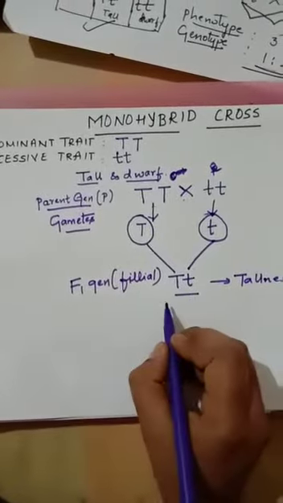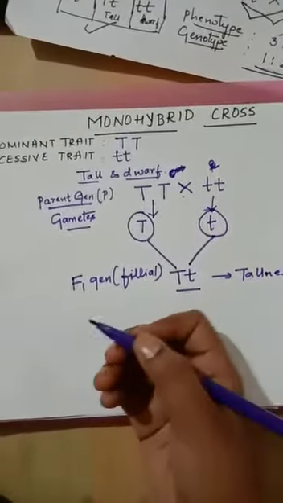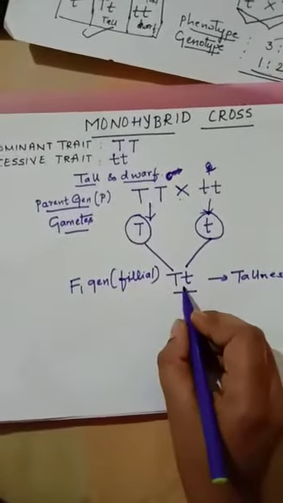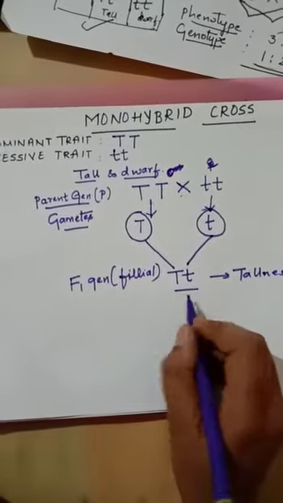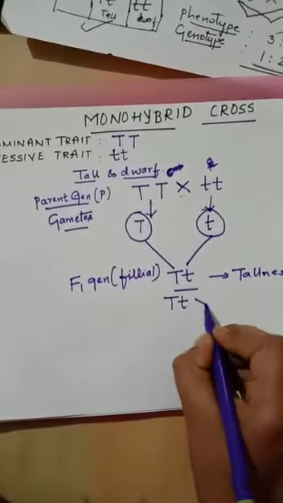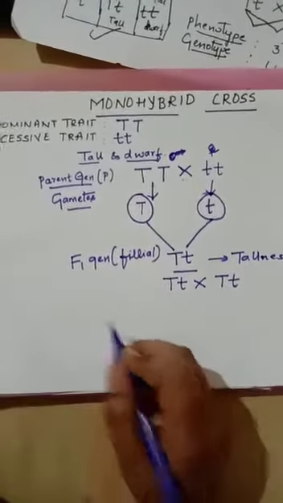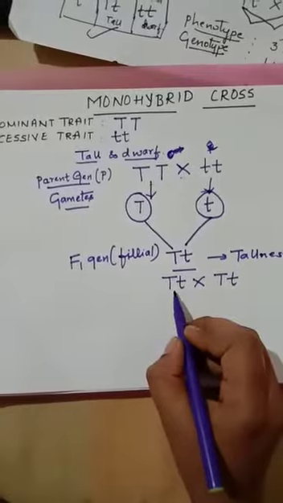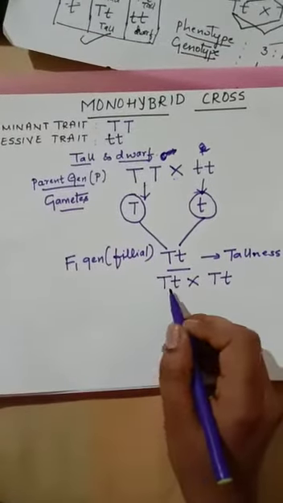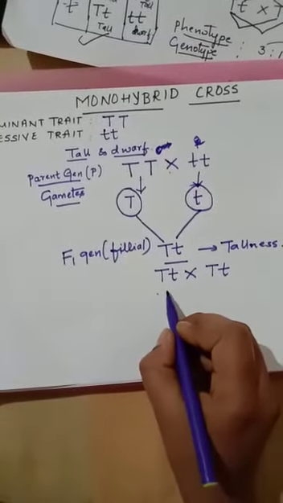Now we need to know what characters we can see in the F2 generation. We can see various characters. So let's cross this one. That is a self cross. Capital T and small t is self crossed with the same thing, the same chromosomes. So now we can see four gametes here.